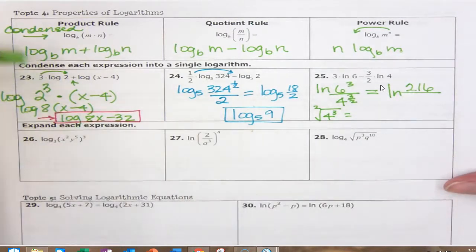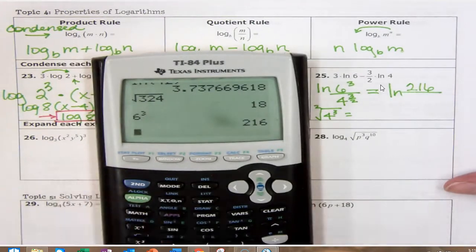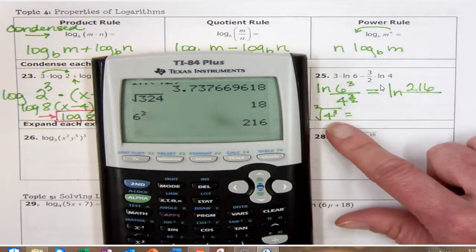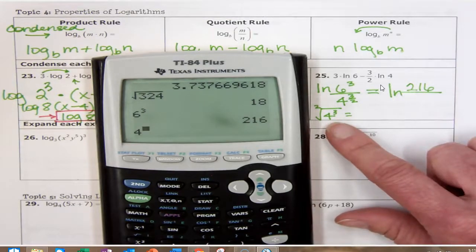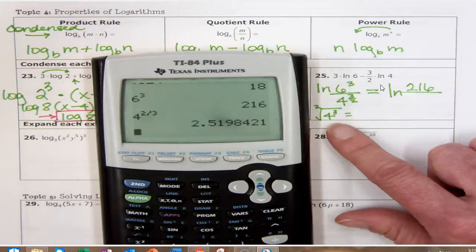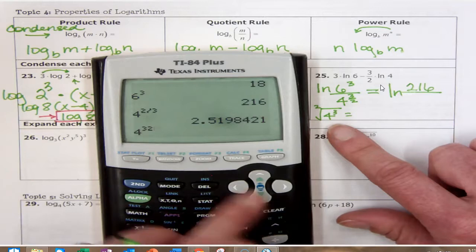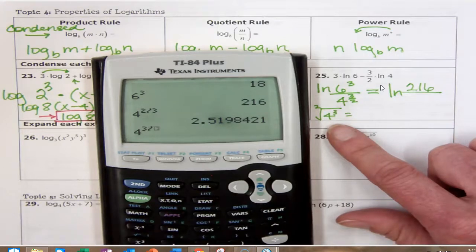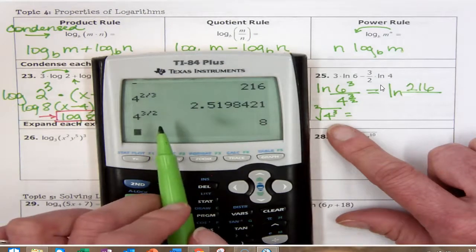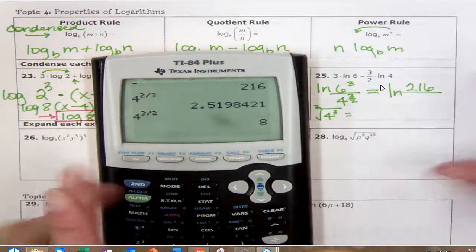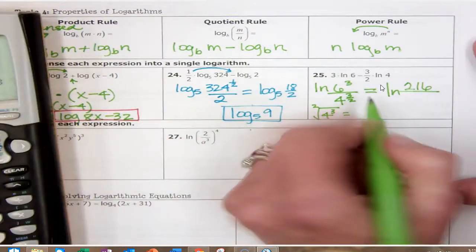The square root of 64 is 8. If you really must, you can do 4 to the 3 halves power and get 8.